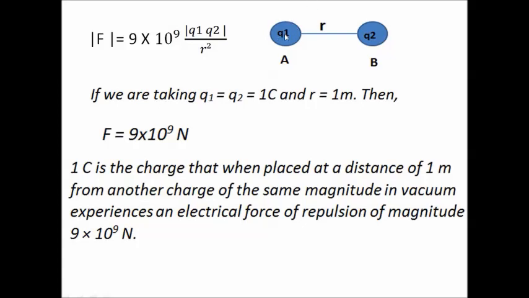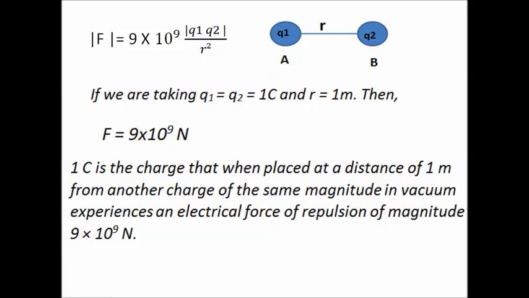That is, if I have two charges Q1 and Q2, separated by a distance of 1 meter, and if experimentally I find the force acting between them to be 9 into 10 raised to 9 Newton, I can say that the charge accumulated on Q1 and Q2 will be equal to 1 Coulomb. Clear? The charge on two interacting charges separated by 1 meter will be 1 Coulomb if they are experiencing a force of 9 into 10 raised to 9 between them.